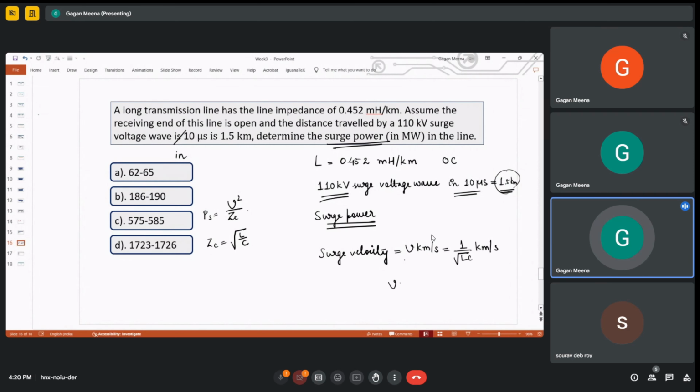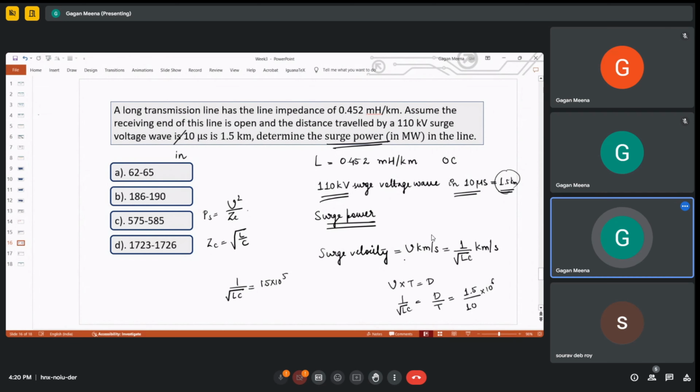V into time will be equal to distance, right? So V is 1 by root LC, which is equal to distance divided by time. So distance is how much? 1.5 kilometers divided by time, which is 10 microseconds. So 1 by root LC is equal to 1.5 into 10 to the power 5.